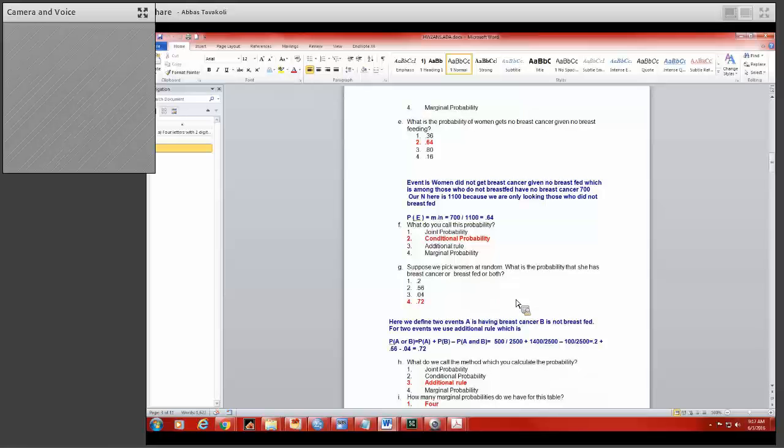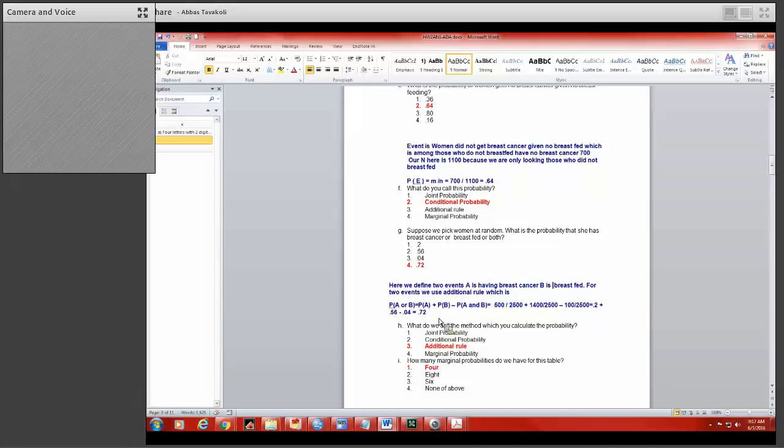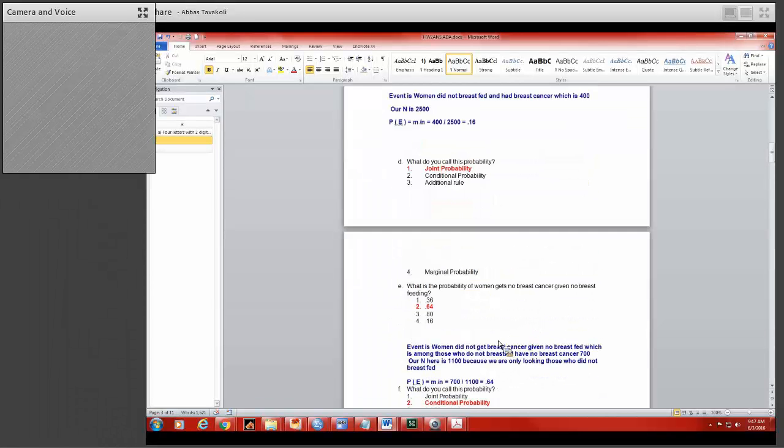is the conditional probability. And suppose we pick a woman, we want to know if she had breast cancer or breastfed or both. So you have two events. The first event we define as breast cancer. The second event is when she breastfed, and for two events you have the addition rule: probability of A plus probability of B minus probability of A and B. Basically you find the probability of breast cancer, the probability of breastfeeding, and then the intersection, breast cancer and breastfeeding.